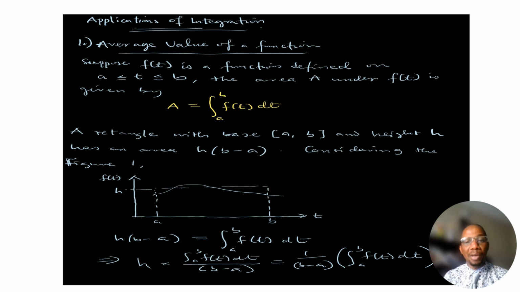The area under this curve, which aligns with that rectangle, that is to say h into b minus a, is equal to the integral from a to b of f of t dt. That is to say h is now the integral of f of t from a to b all over b minus a, which gives us 1 over b minus a into the integral from a to b of f of t dt.